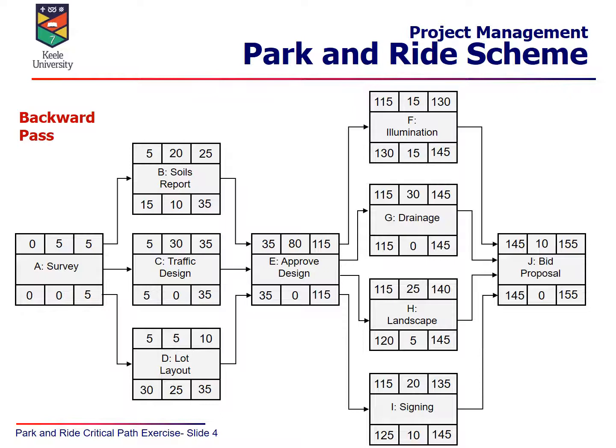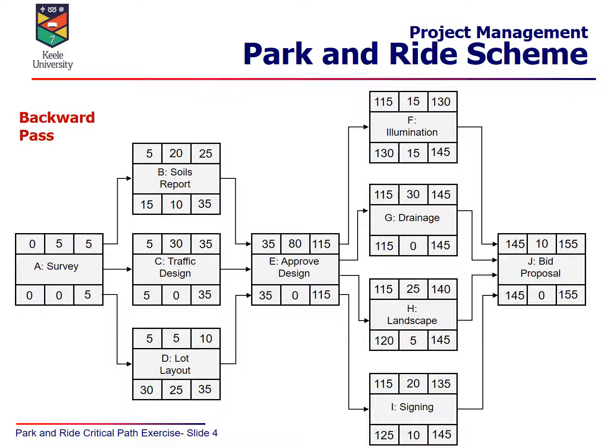So you will see that for illumination, for the street lighting, it's day 130. For drainage, it's 115. For activity H, landscaping, it's 120. And for signing, the signs for the park and ride scheme, it's day 125. That's the latest we can start that activity without putting the project back as a whole.